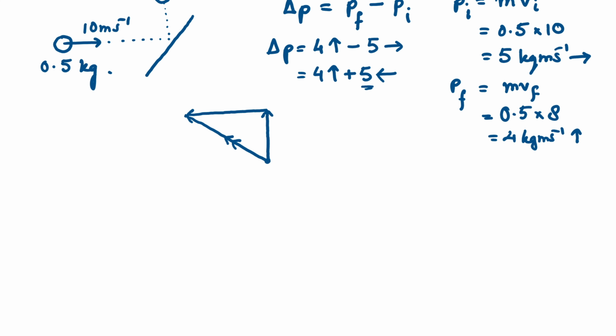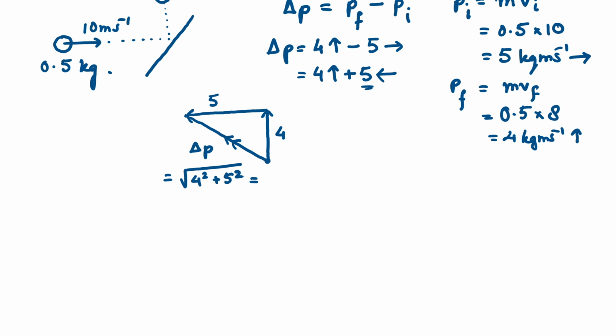That's your result. So this side over here is our 4 kg meters per second, and this side over here is 5 kg meters per second, and this one is our delta P. So this delta P, using Pythagoras, is going to be the square root of 4 squared plus 5 squared.